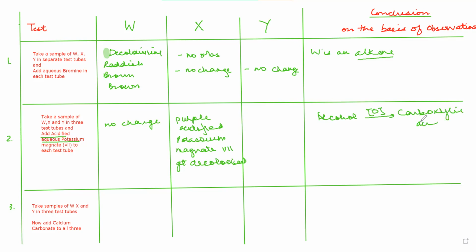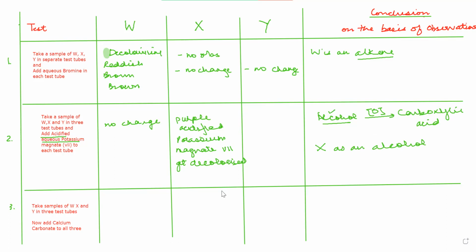So this is a positive test for an alcohol, because out of these three, alkene, alcohol and carboxylic acid, it's the alcohol only which will give this positive test. So we identify X as an alcohol, right? Because alcohol will only get oxidized by an oxidizing agent and be converted to carboxylic acid. Neither alkene will oxidize nor carboxylic acid will oxidize. So from the observation, we concluded that X is an alcohol.